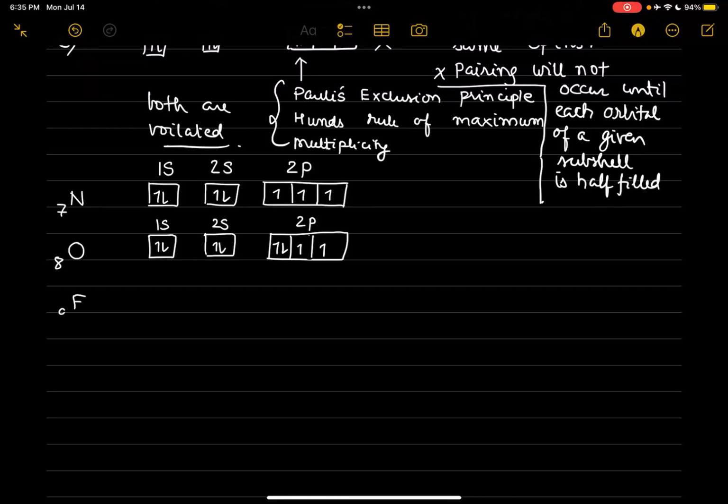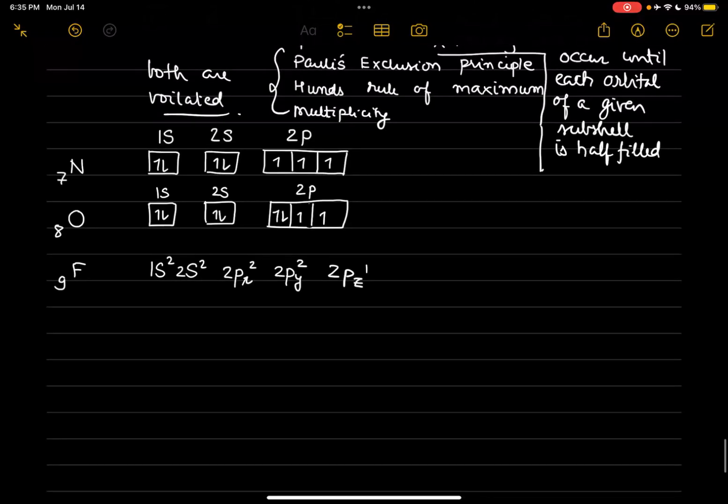Then you have fluorine, which is the ninth element. I will write it like this: 1s squared, 2s squared, 2px2, 2py2, and 2pz1. You will have 2 electrons being paired in 2p. Got it?